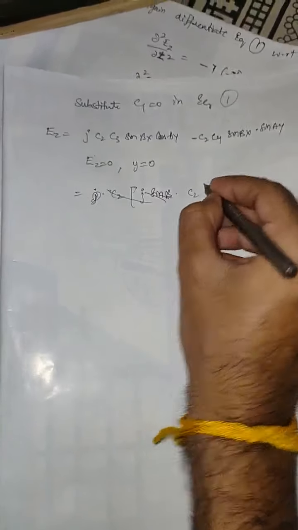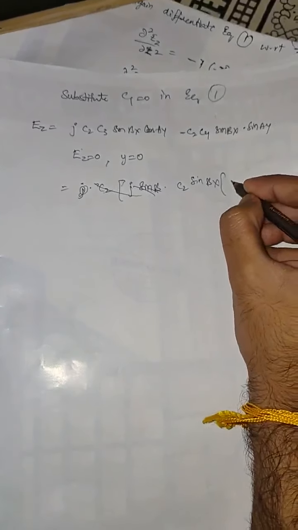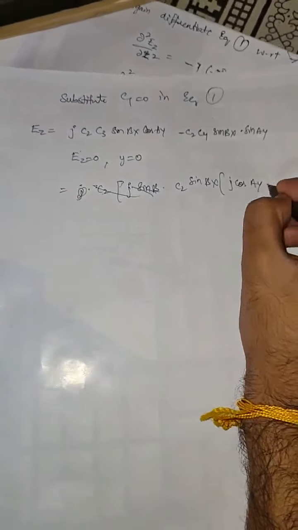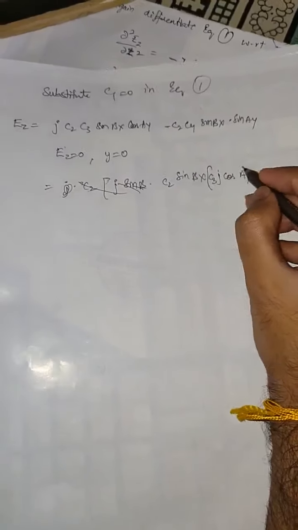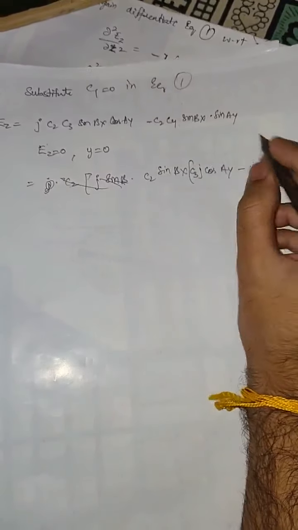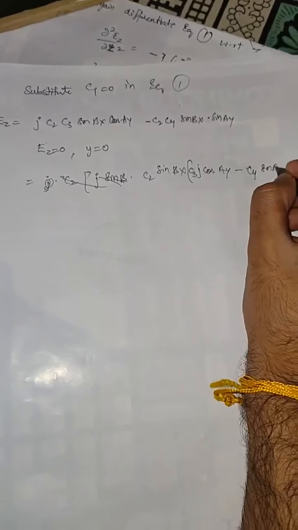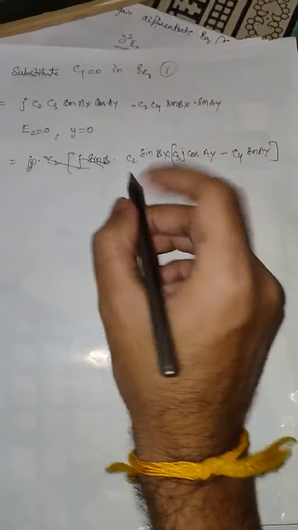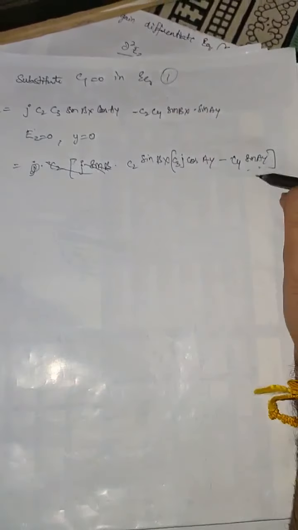So c2 sin beta x is common, and then you can write c3 cos ay minus c4 sin ay.